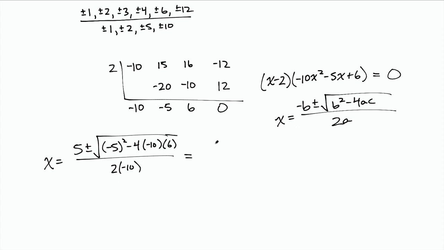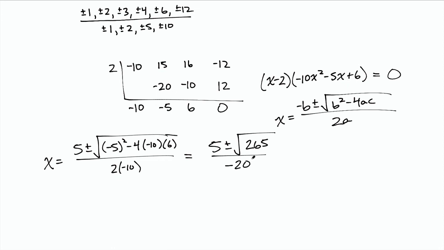So we have 5 plus or minus the square root. We've got 25 and then plus 240. And so this is 265. And that's all over negative 20.